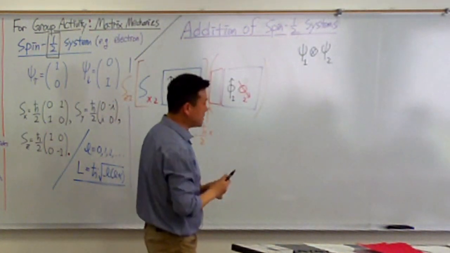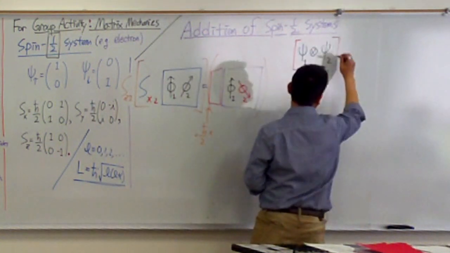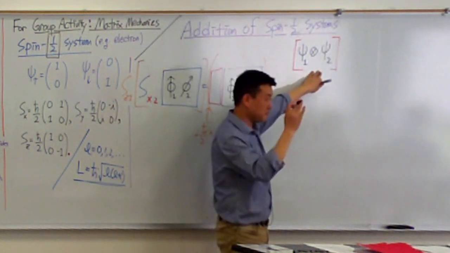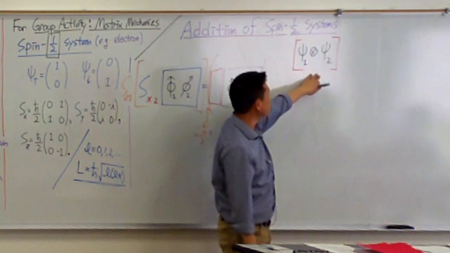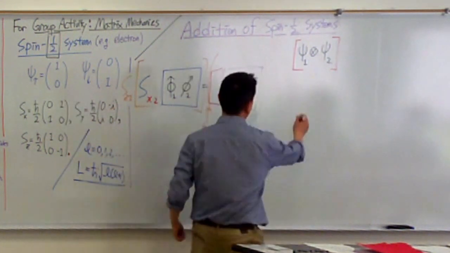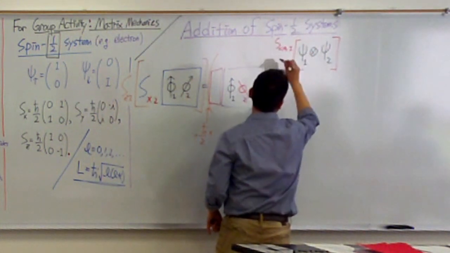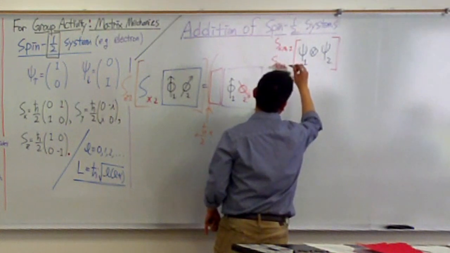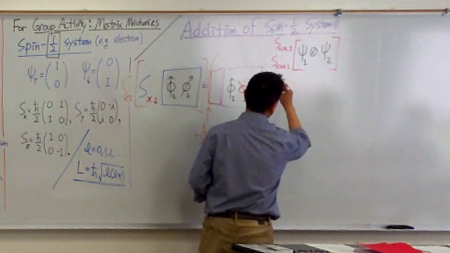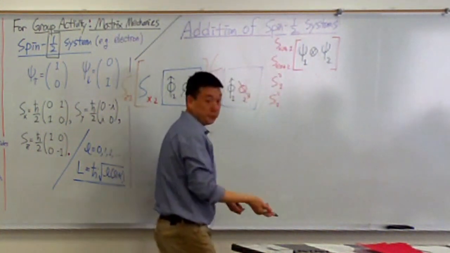And the basic rule is that this is the state that describes the entire system, the system with particle 1 and particle 2. And you can do a bunch of different operations here. You can do any of these component operations, x, y, z on particle 1 or x, y, z on particle 2. Or you can do the s squared thing that we derived before. You can do s squared for particle 1. You can do s squared for particle 2.